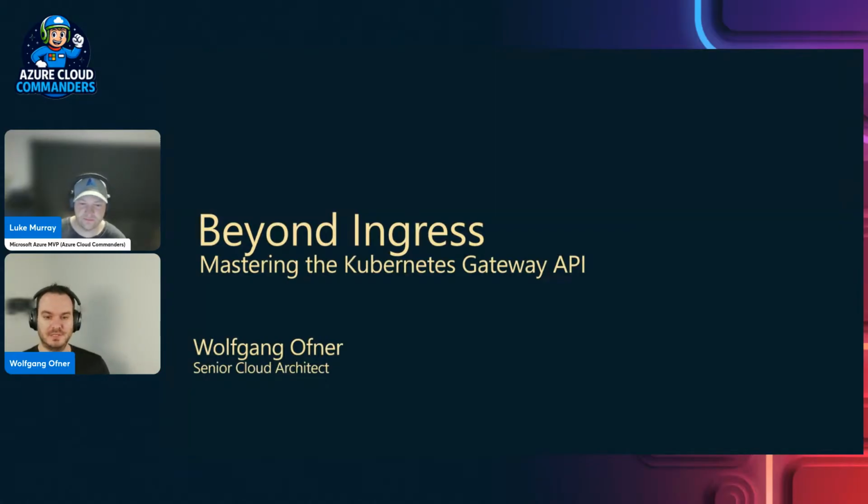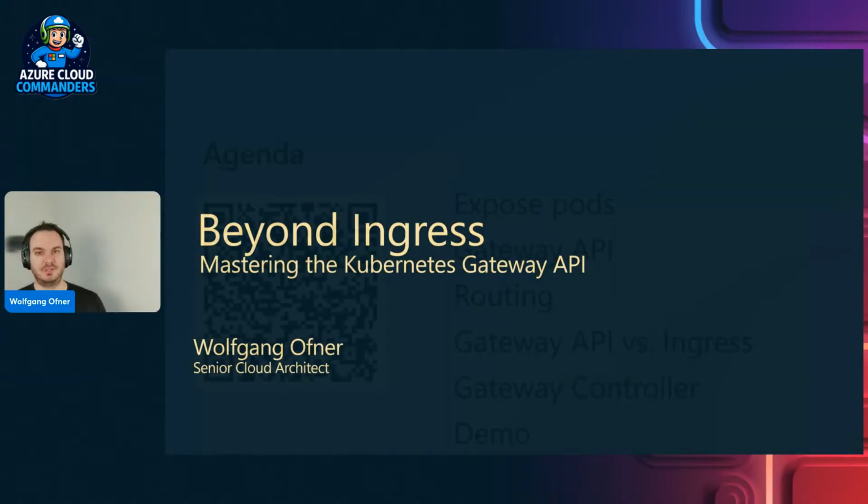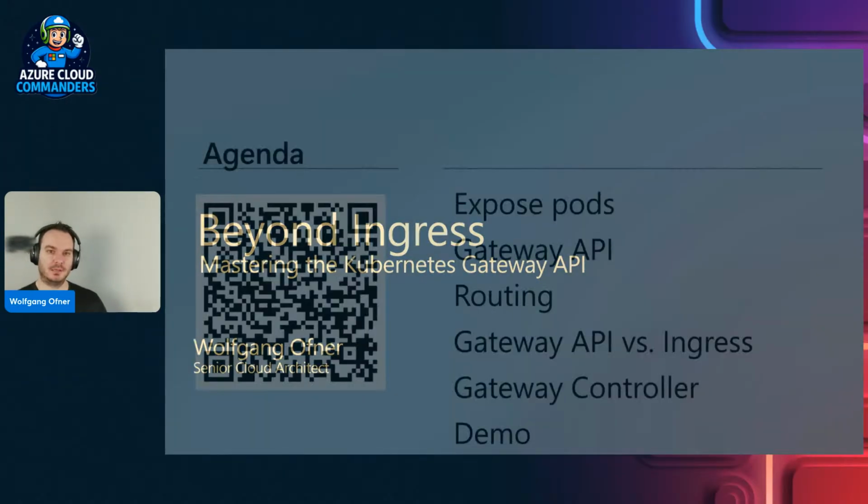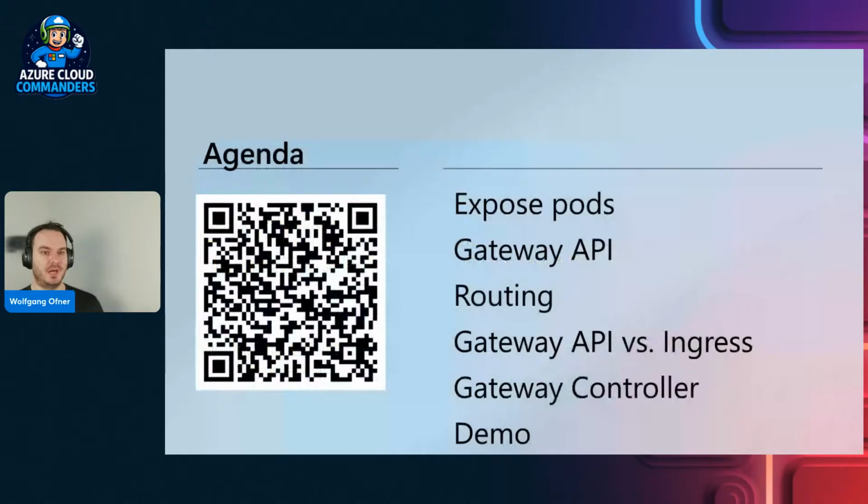Welcome everyone to my session about the Kubernetes Gateway API. The plan for today is I'm going to give you an introduction to what the Gateway API is, and also how it compares to Ingress. First, we're going to take a look at how we can expose our pods in Kubernetes. This means how we can access our applications from outside our cluster, and this will lead us to the Gateway API.